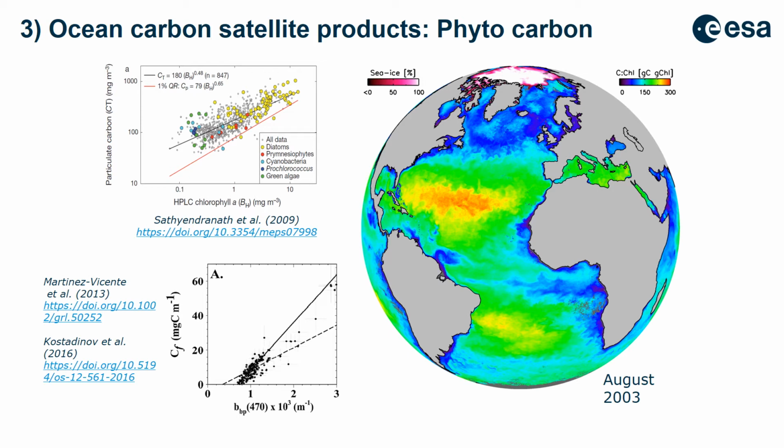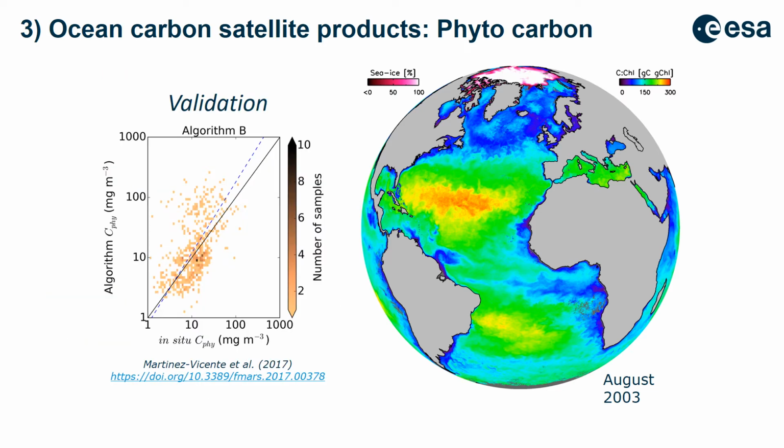You can see a much higher carbon to chlorophyll ratio in the oligotrophic gyres here than you can, say, in the polar regions, and it illustrates how the phytoplankton have adapted their cellular machinery to be well suited to a high light environment in the oligotrophic gyres, and also changed their cellular machinery to harness the environmental conditions in the polar regions as well.